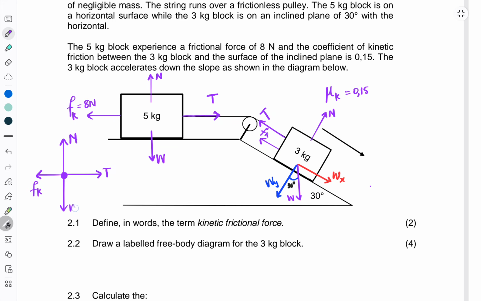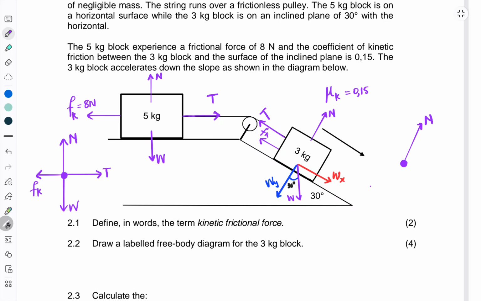So then you have this one, the normal force and the weight, same length in this case. Right, so this is how you would sketch the free body diagram. Then I can also sketch the free body diagram for the 3 kilogram block if I wanted to, just from annotating my diagrams. I have my normal force pointing there.